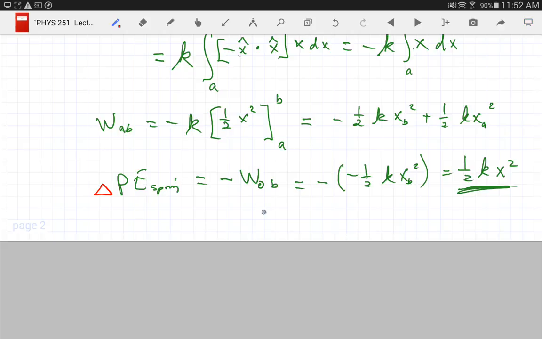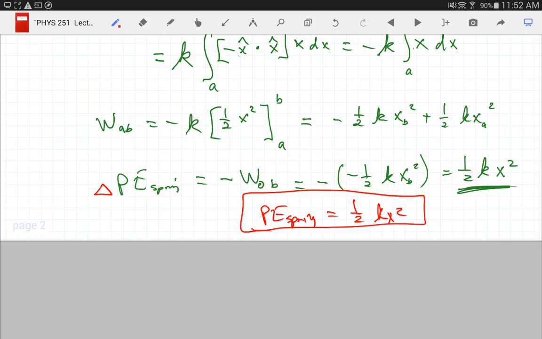And from this, the outcome was that potential energy for a spring was equal to 1/2 kx squared. That was the key outcome. This one here is correct, but the definition of change in potential energy is minus work. That's the definition of potential energy. It's defined by its change.